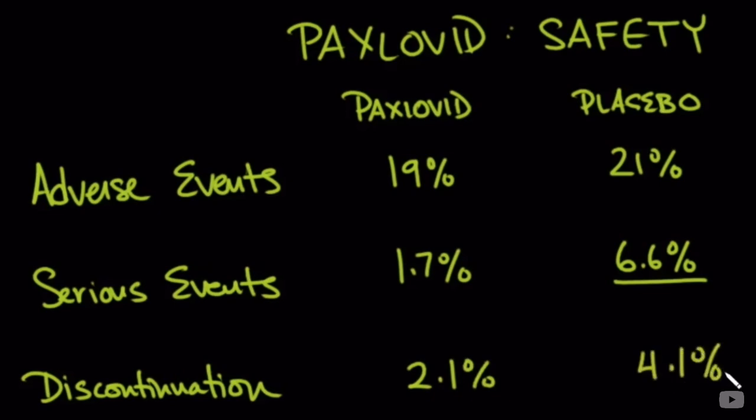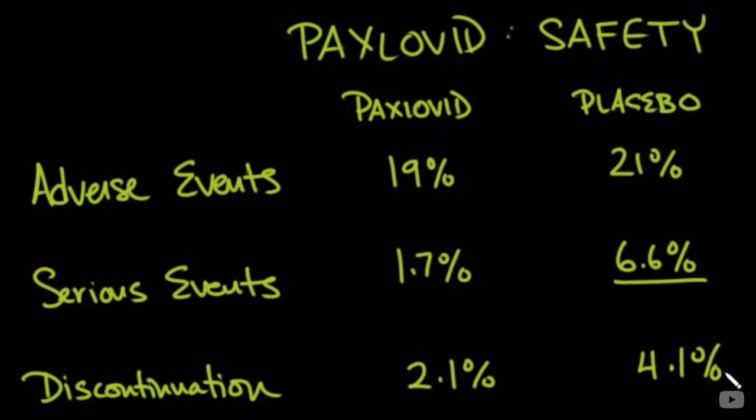Again, similar reasoning here is that if the patients are progressing towards hospitalization, they may ascribe some of the events associated with hospitalization to the medication intervention that they're taking, whether it's placebo or PAXLOVID. And because more patients went for hospitalization and death in the placebo group, that may be the reason why the numbers on the right are higher than the numbers on the left.